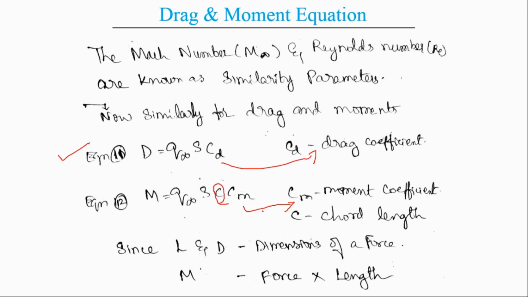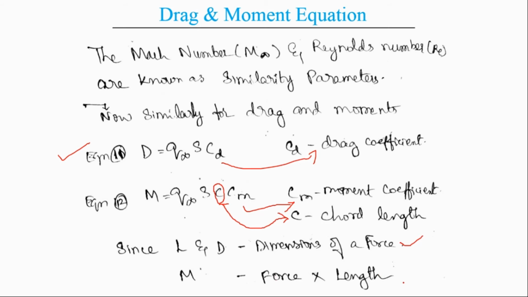So what is the C which we are talking about? C is nothing but the chord length. So why did we add this to the force moment equation? The reason is that lift and drag both are forces, but moment is not just a force.